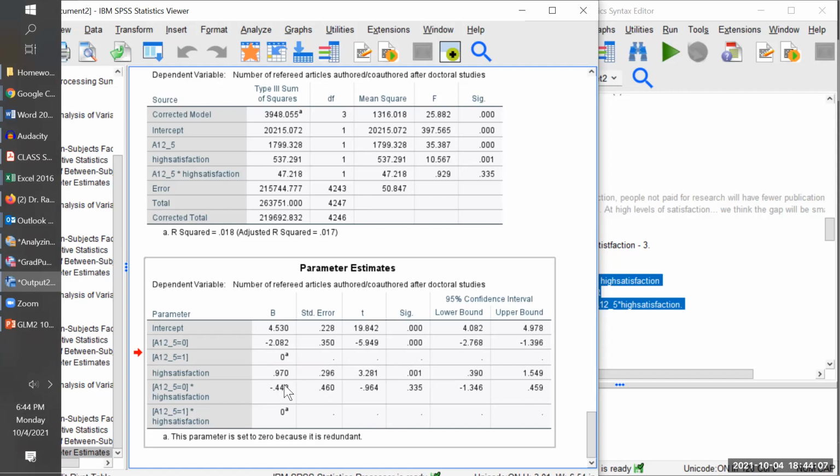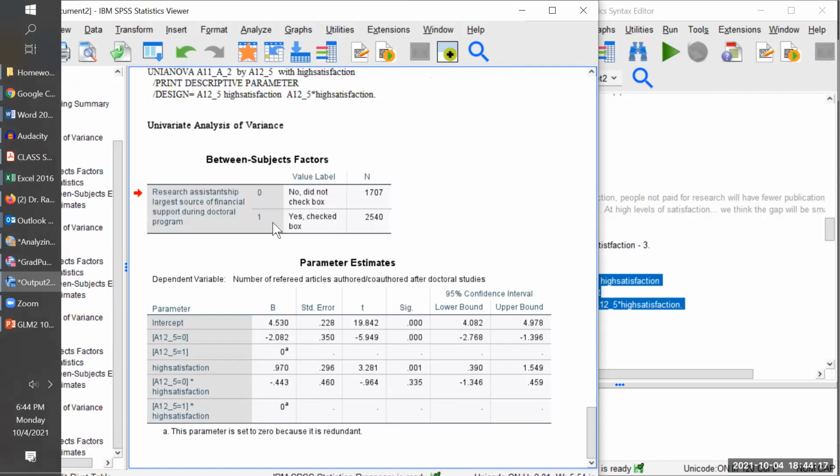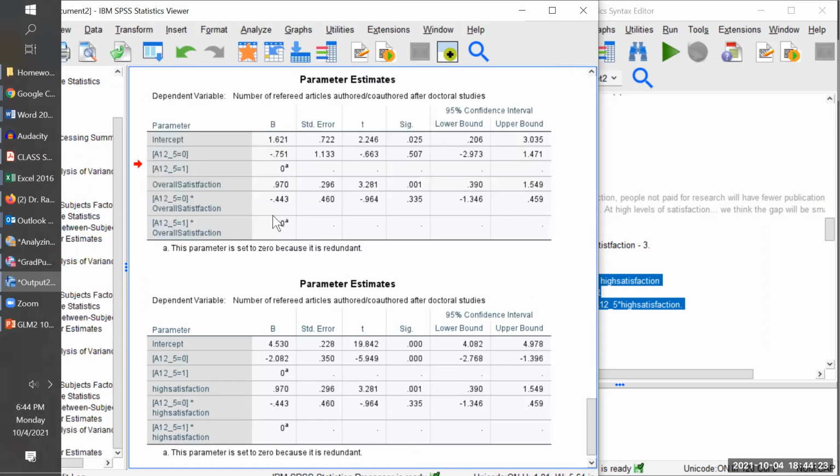Look at this coefficient for high satisfaction. Did that one change? Let's remember it. Okay, there's the previous one. Look at that. Is it the same or is it different?